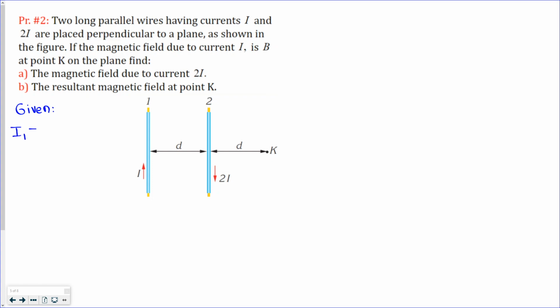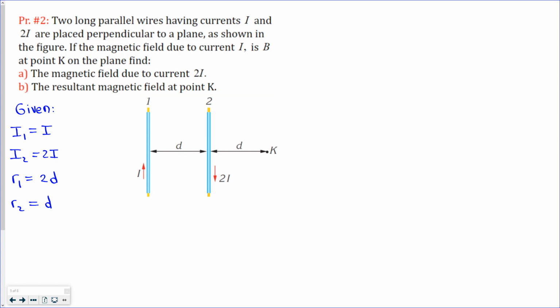Current from the first wire is I, current from the second wire is 2I, and distance from the first wire to the point K, it will be 2D. And distance from the second wire to the point K will be D.